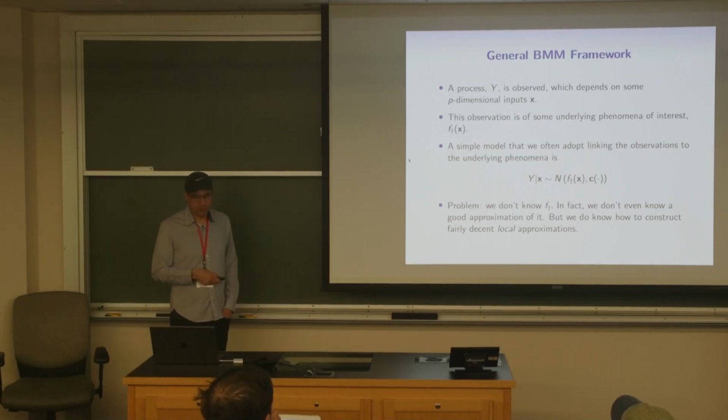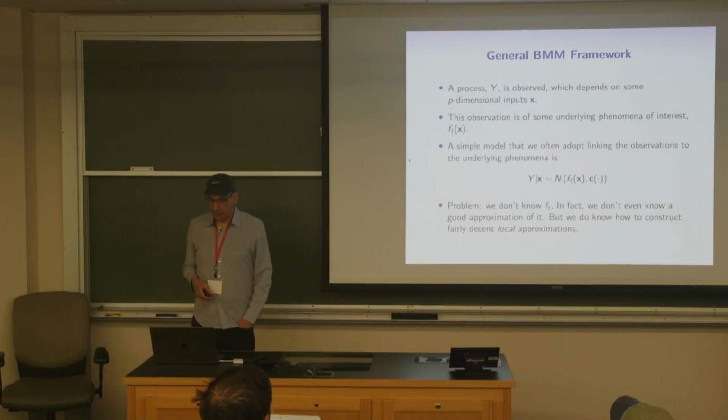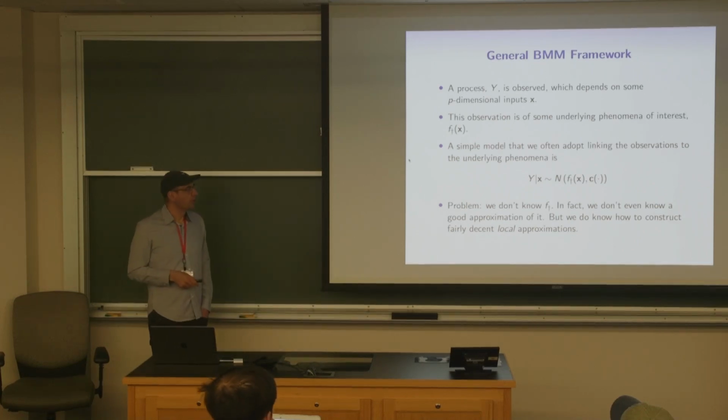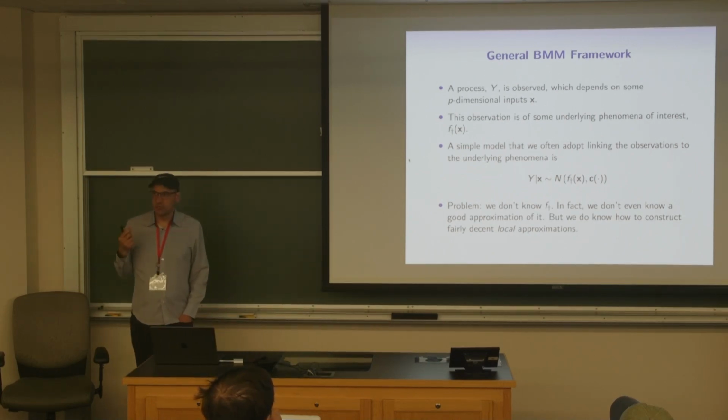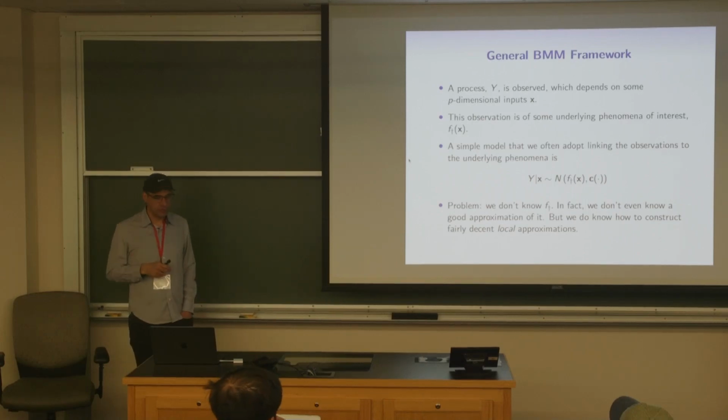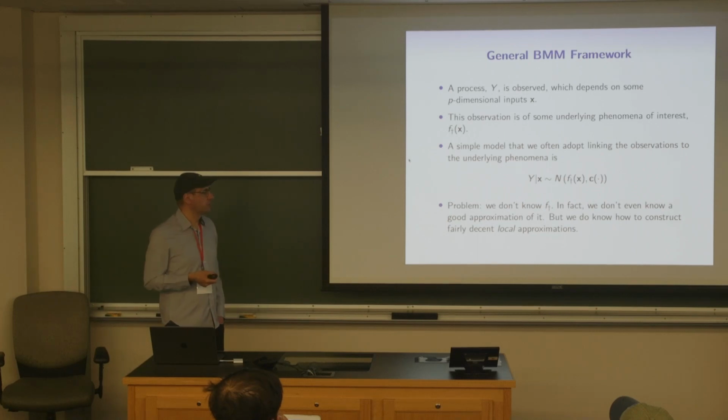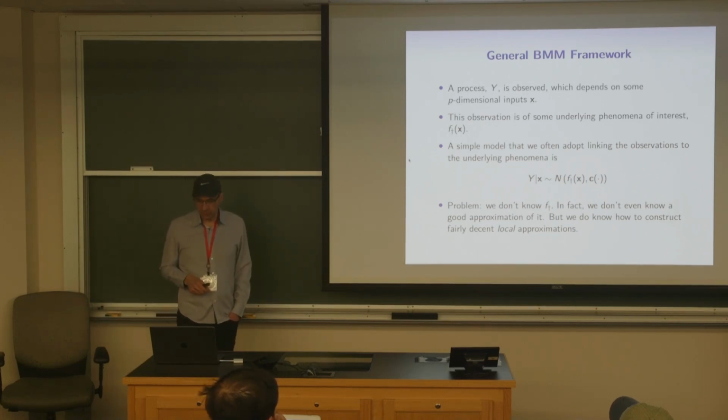The problem, of course, is that we don't know f-dagger, and we don't even know a good approximation of it. But the unique thing in this model mixing idea is that we do know, or can construct, a fairly decent local approximation. We often have good local approximators, but not a good global approximator.